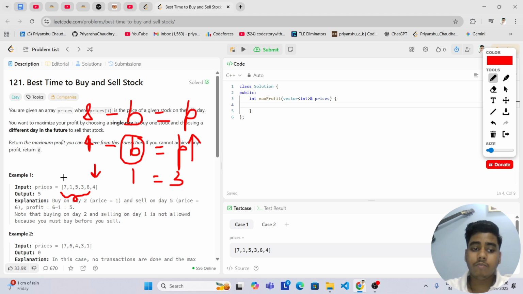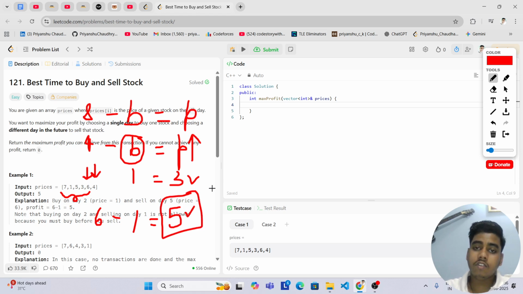So this way we will find all the possibilities. Suppose we sell at this day, the price is 6, and we will find the minimum in the prices array before this day. So again the minimum is 1, we can see. So the profit is 5. So we have to find the maximum one. So here we can see the maximum profit is 5.